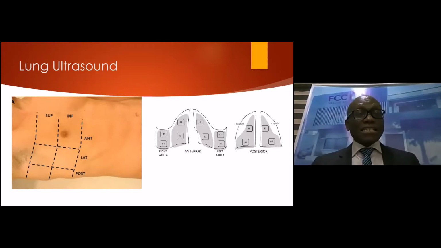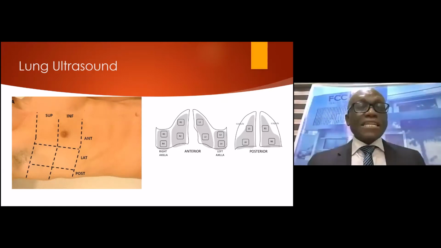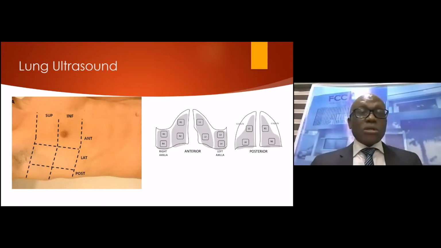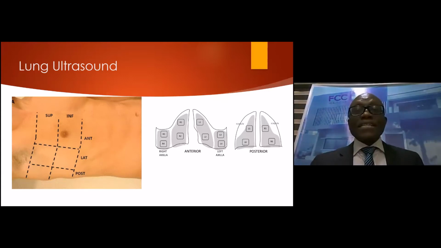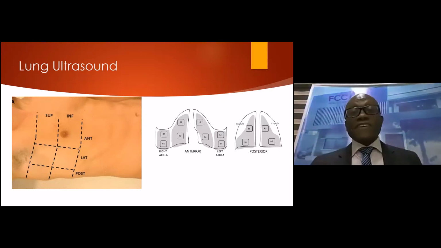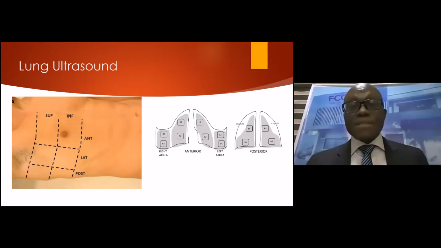And then this line would represent the anterior axillary line. So the top segment in the axilla would be segment 3, the lower one will be segment 4, and then if you go to the patient's back, the space between the 2 scapulae on either side would give you segment 5, and the large area of the base of the lung would be segment 6.